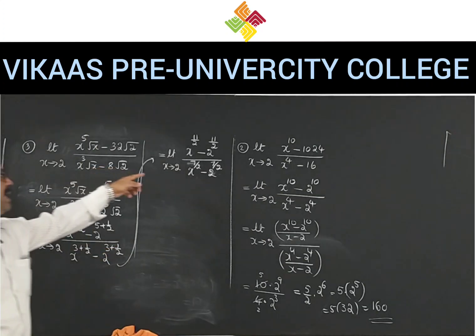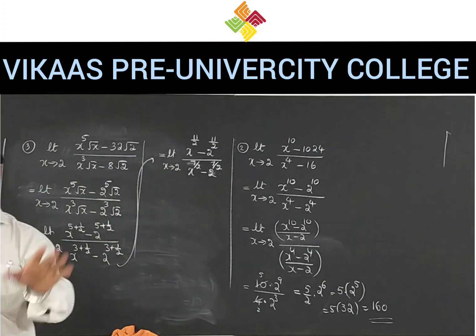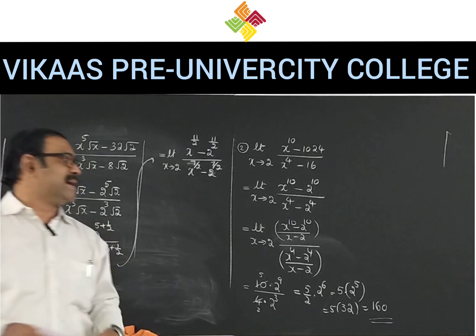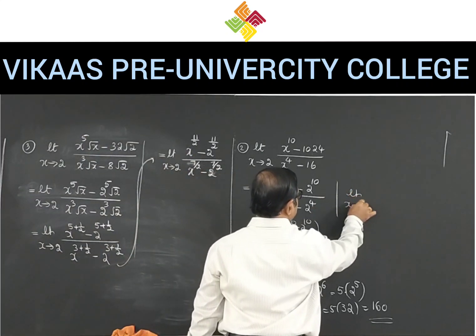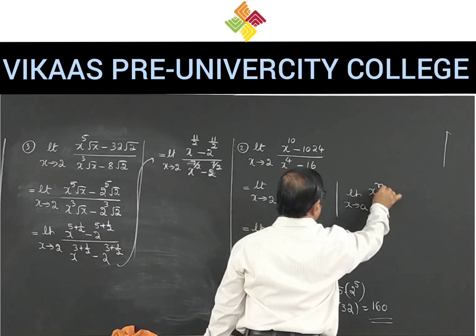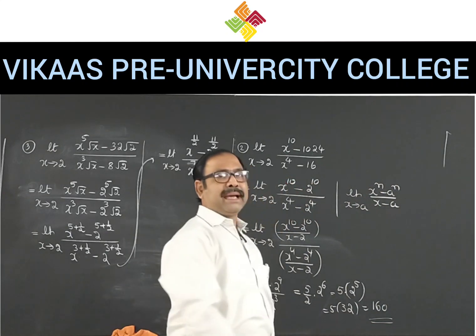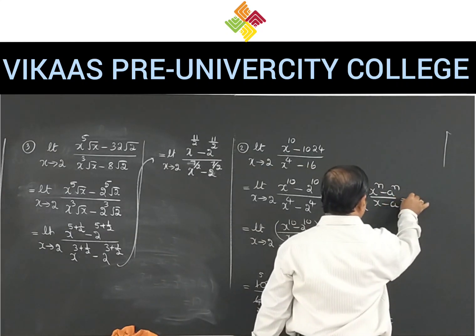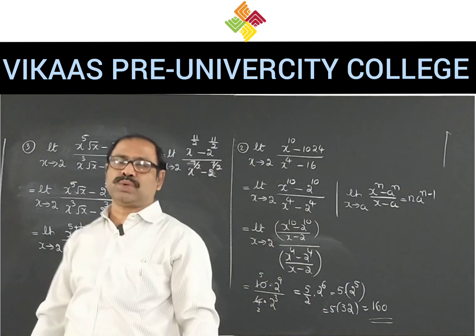Well, once again you just compare this problem with the standard result. What is the standard result? Limit x tending to a, (x power n minus a power n) by (x minus a) is equal to n into a to the power n minus 1.